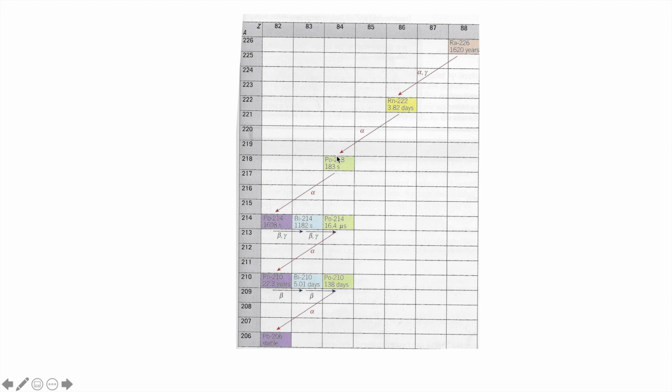Again, it decays by alpha, so you can see how it's moving on the proton to neutron graph, to polonium, which only has a half-life of 183 seconds. It decays by alpha again, and then you can see it decays by a series of beta and gamma, then alpha, then beta, and then alpha, finally to lead-236, which is a stable nucleus on the main graph, and therefore it doesn't decay any further.